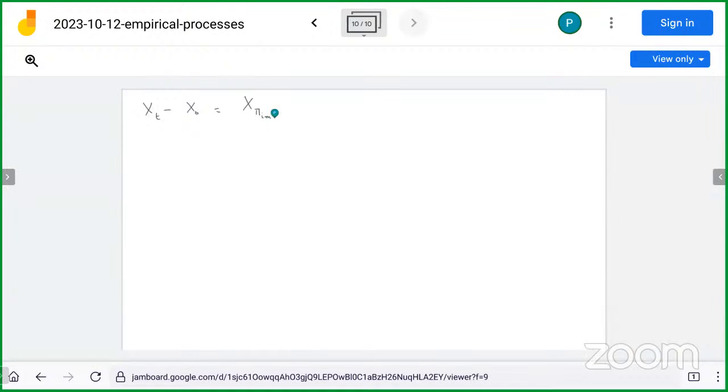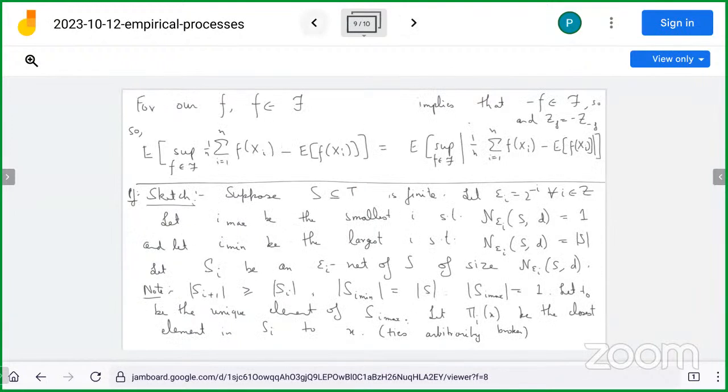So let's do this, pi_i max. Just by definition, because at the largest one everyone plays its own point, and at the smallest one everyone plays the same.